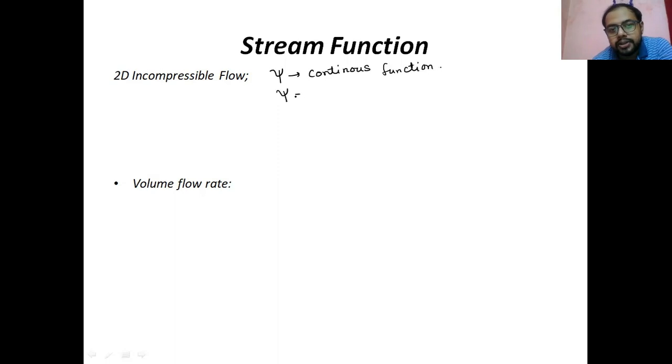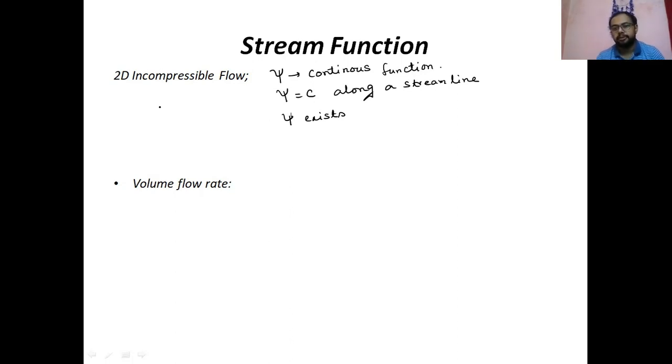Psi is constant along a streamline. Next, psi exists if the flow is incompressible. If the flow is not incompressible, psi does not exist.